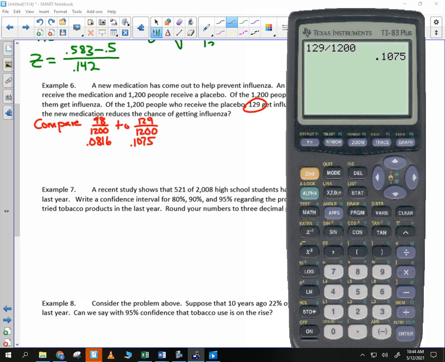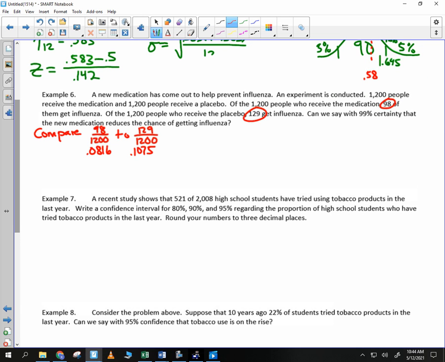Let's make our chart, because we've got a new chart. It's different this time. What goes in the middle? 99%. What goes on the outside? 0.5% and 0.5%. So this mark right here is 99.5%, otherwise known as 0.9950.